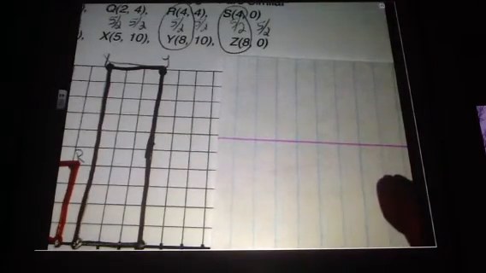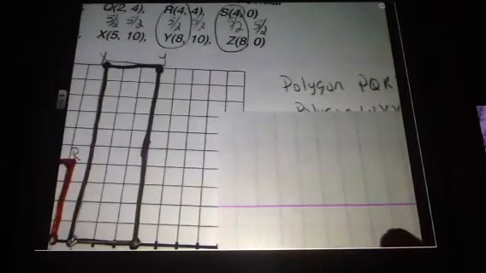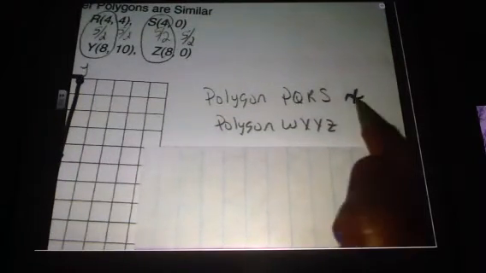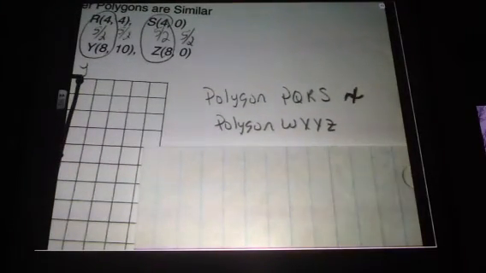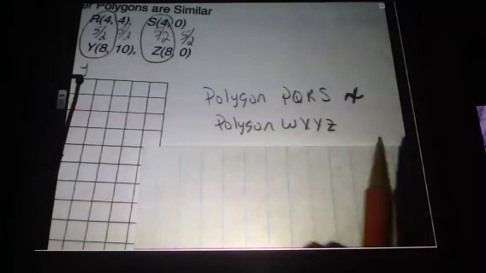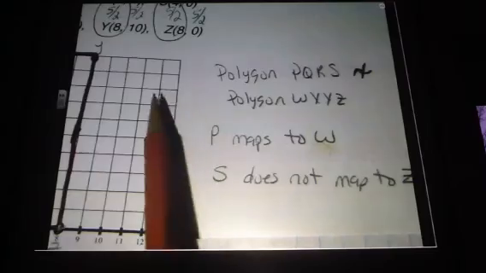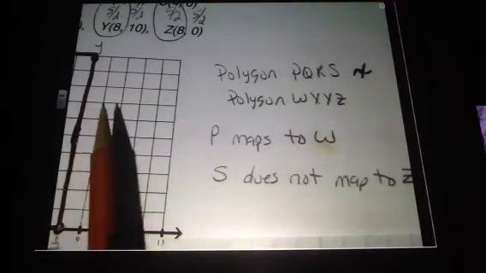So, we've got polygon PQRS, and this here means it is not similar to polygon WXYZ, and why? Well, we have P here.